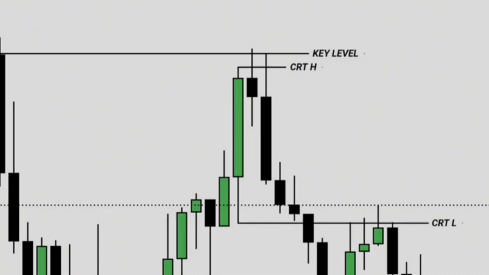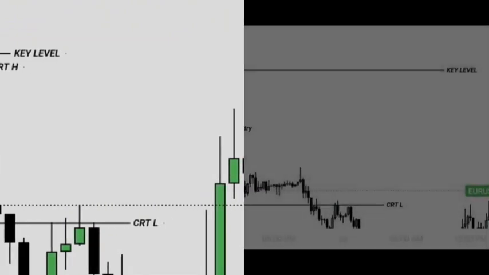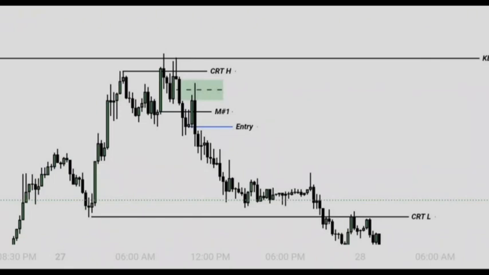So what do we want to do again? We want to go to the lower time frame, which is 15 minutes, to look for our entry. Now this thick blue-green candle here is our Model 1. This is the first candle that stabbed into our CRT high, and that is also what stabbed into the key level.